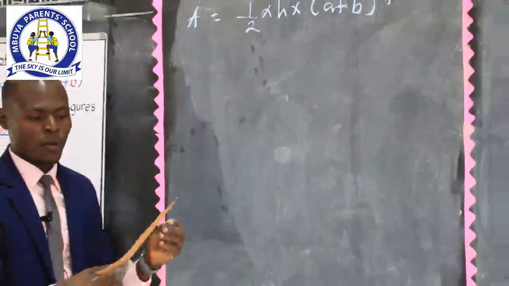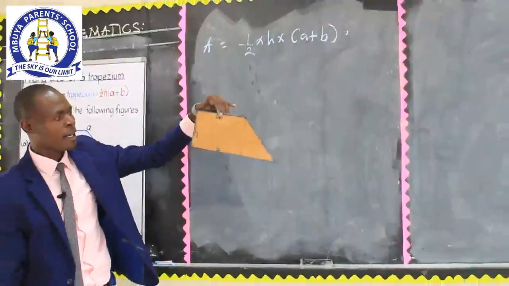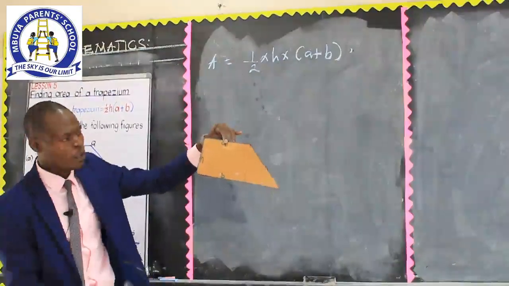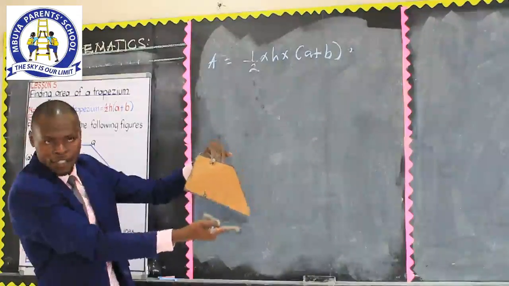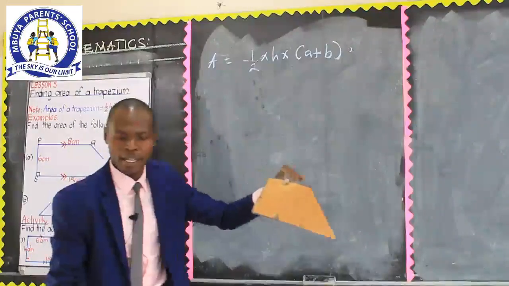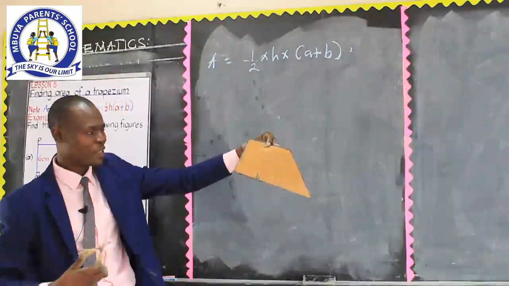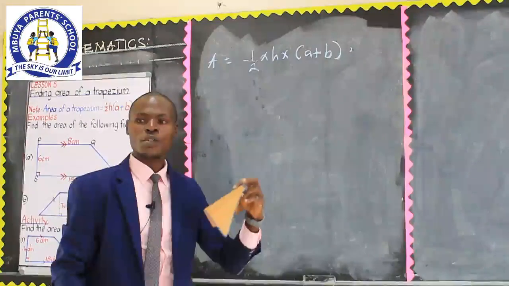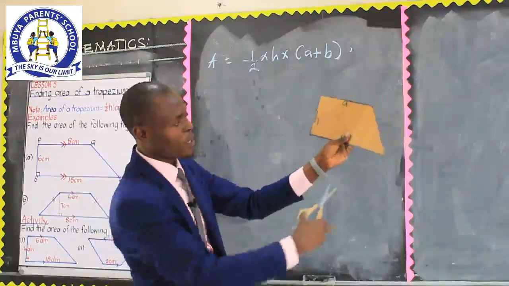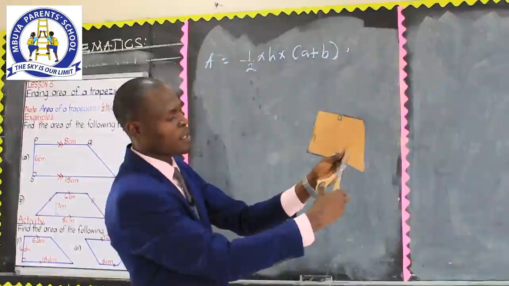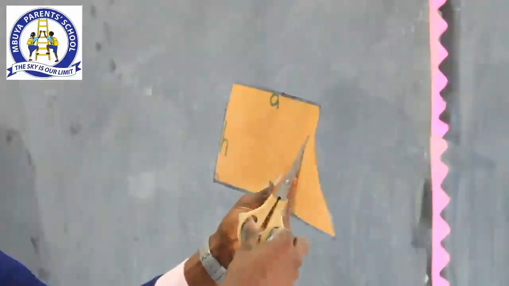As I said, we can get as many other figures as possible, because I can partition this and have a triangle, a triangle, a triangle. I can partition it as many as I wish, but for purposes of not getting confused, we are only going to have 2 figures out of it. So look at this. When I cut off this triangle here, hope you are moving with me.